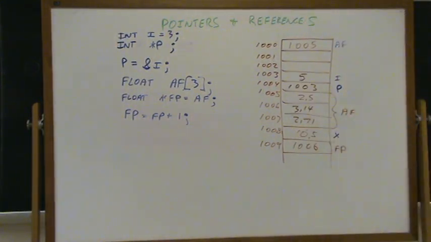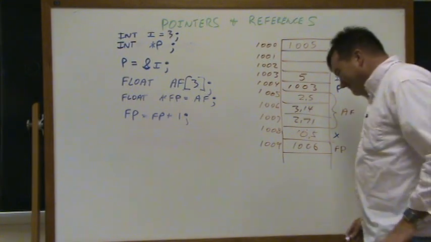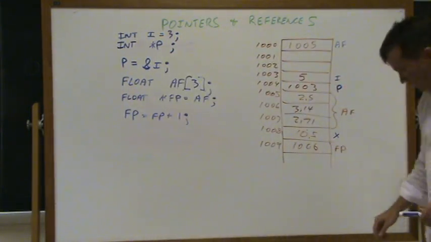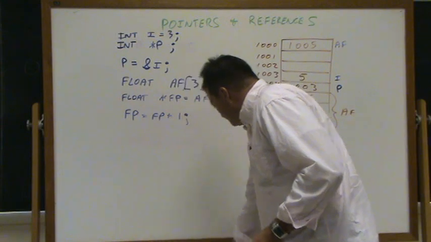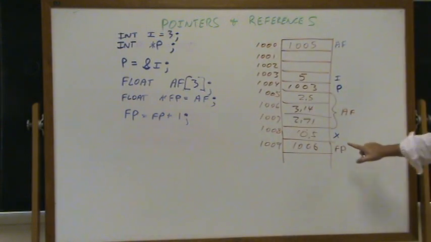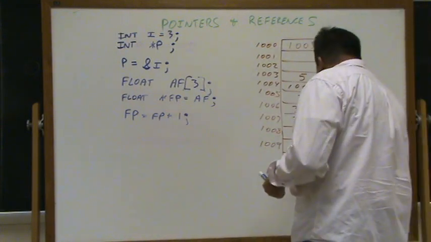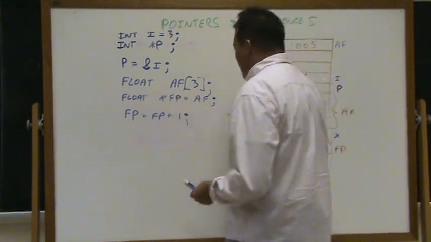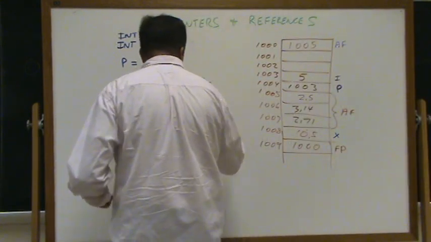But, yeah? Why, when you make the pointer FP, why wouldn't it point to the location where AF is? That's a good question. This is a confusing thing. What you're saying is, why didn't this say 1,000? Or maybe, why didn't I have to put the ampersand here?